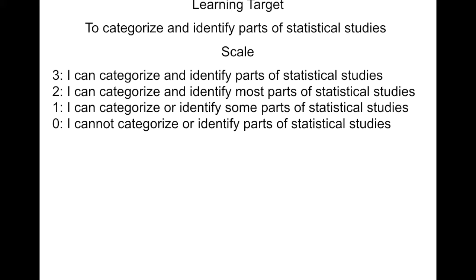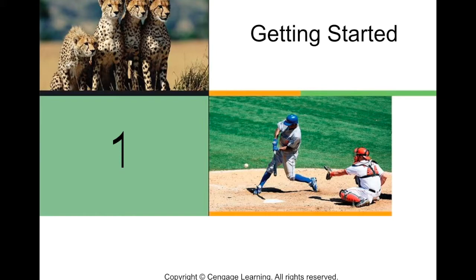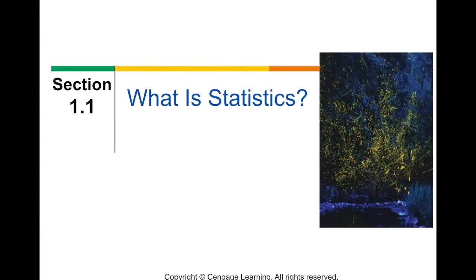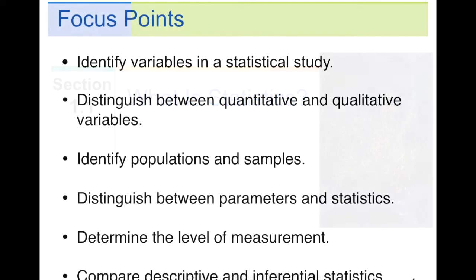Let's get started. Chapter 1, Getting Started. Section 1.1, What is statistics? For this section, here are some focus points. We're going to identify variables in a statistical study. So if you're given a study, what are the variables?